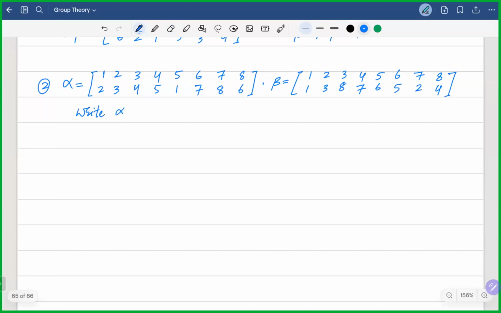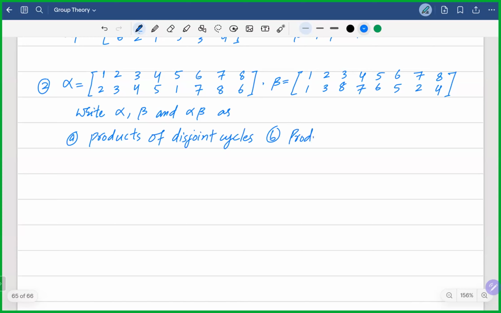Question is: write alpha, beta, and alpha beta. A is products of disjoint cycles. B is product of two cycles.